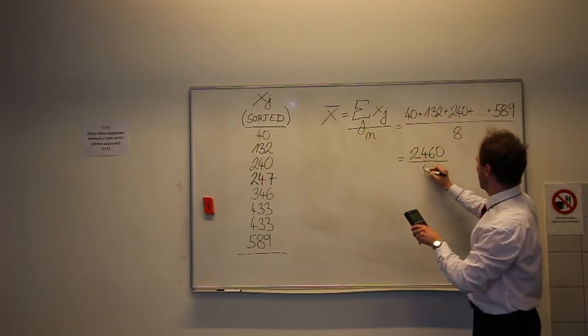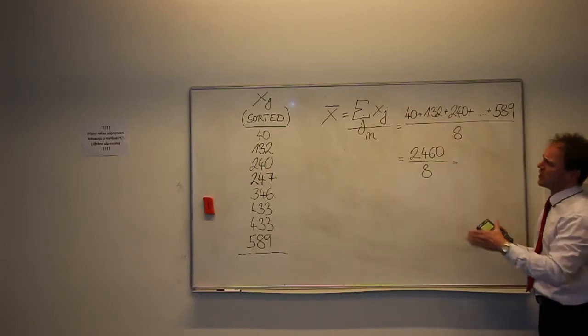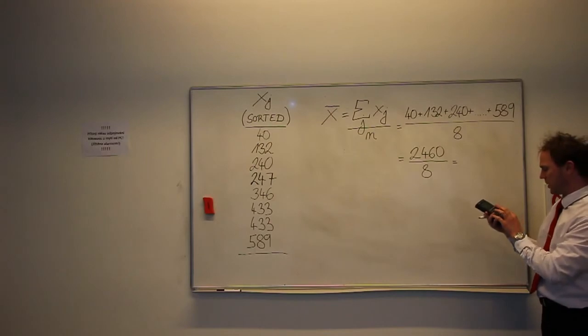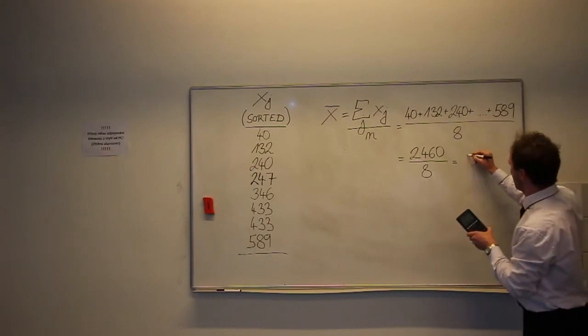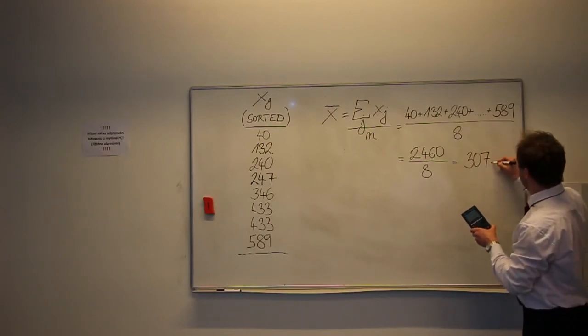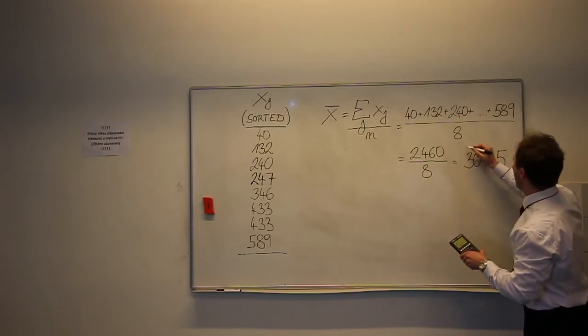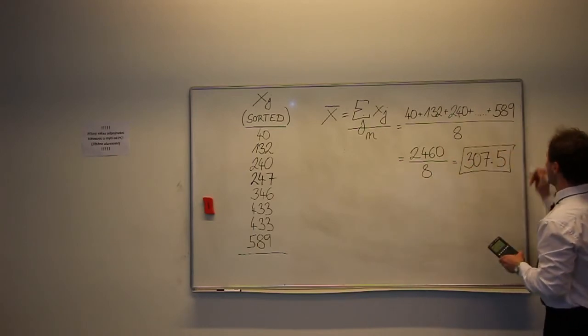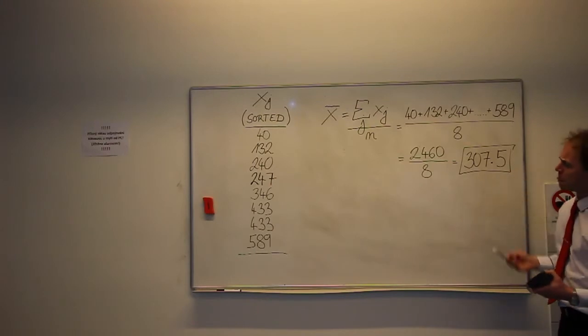Divided by 8, the result is the simple arithmetical mean, 307.5.